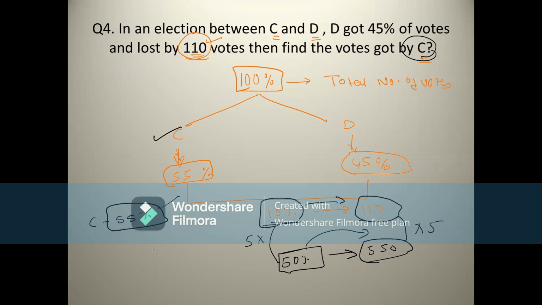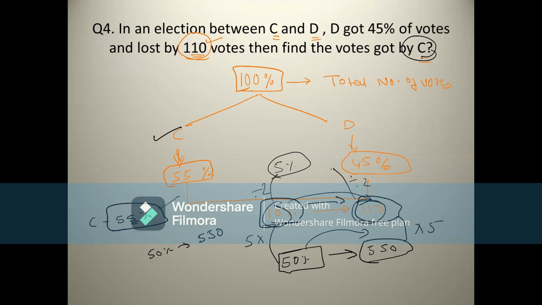The value of 50% will be 550 votes. But you want the value of 55%. Again, you have to calculate the value of 5%. You know the value of 10% is 110. So you want the value of 5%, which means half. You have to halve 110. So you know the half of 110 will be how many, sir? Come on.